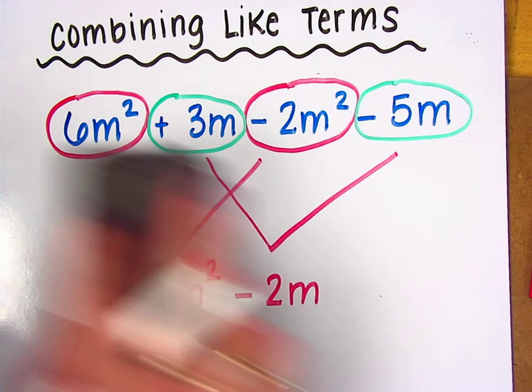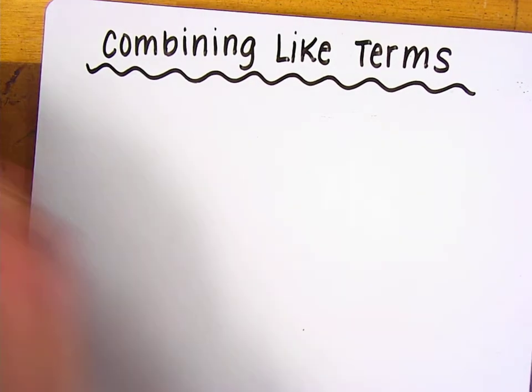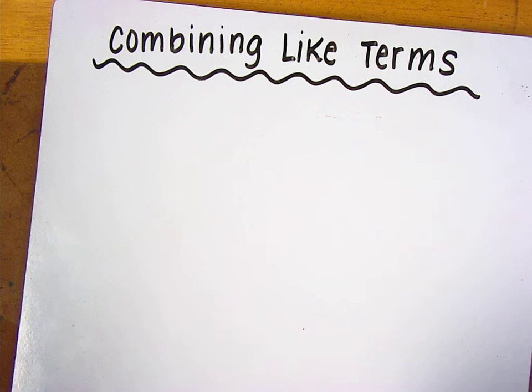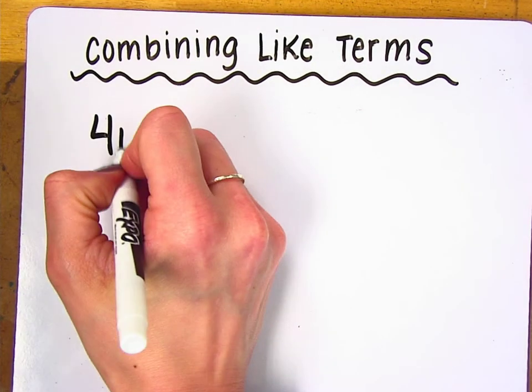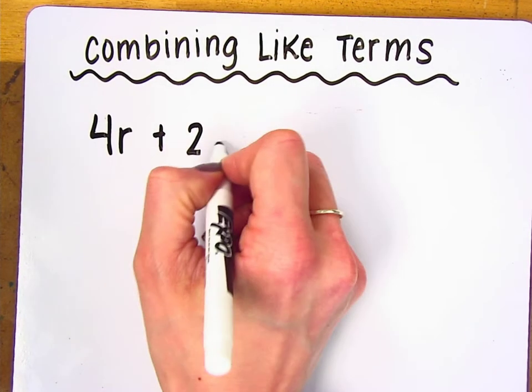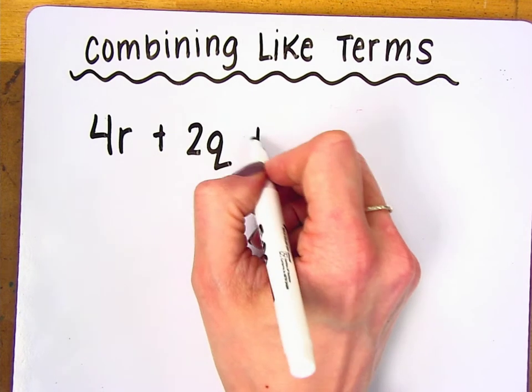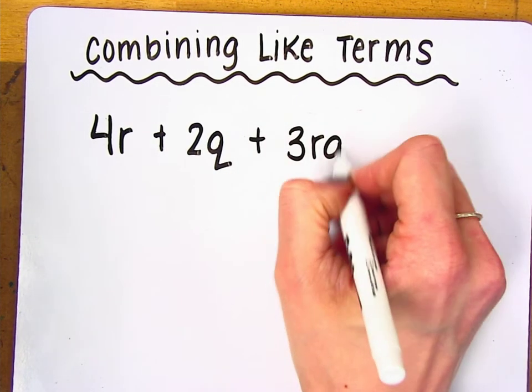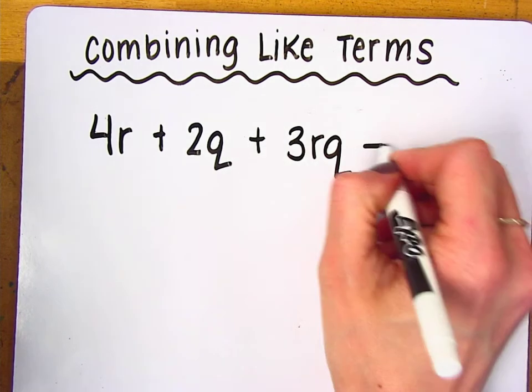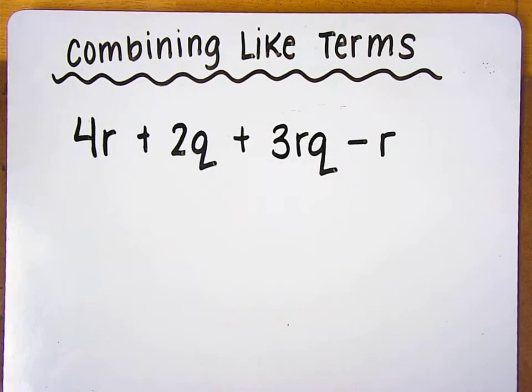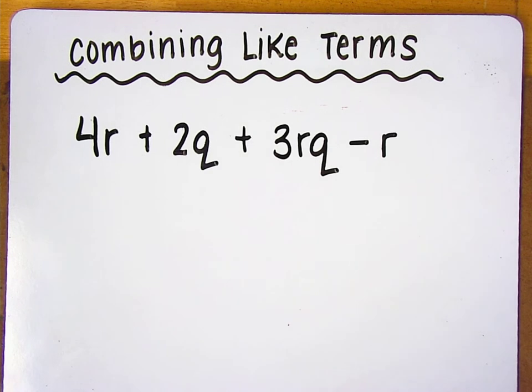Just kidding. One more example. 4r plus 2q plus 3rq minus r. What's tricky about these examples is that even though 3rq shares the exact same letters as 4r and 2q, this is not actually the same variable.